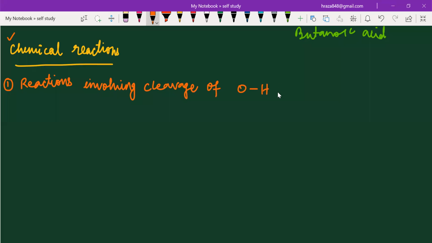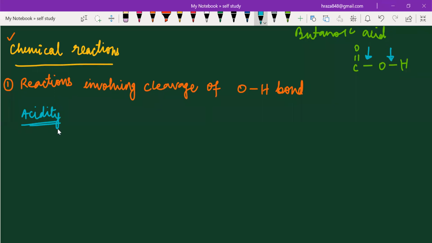As you know, the structure of the carboxylic acid is like this. So we are going to study the chemical reactions only of the bond cleavage between OH, and after that we will study the bond cleavage of CO. So this is the first, and here we are going to study the acidic nature of carboxylic acid.